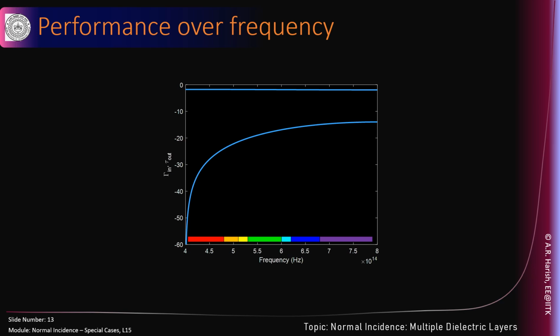Now what happens if we change the thickness or change the design of the lambda by 4 coating? So now this is a case where the coating is lambda by 4 thick at 400 terahertz. Now next example, where it is tuned to 600 terahertz, that is 6 10 to the power of 14 hertz.